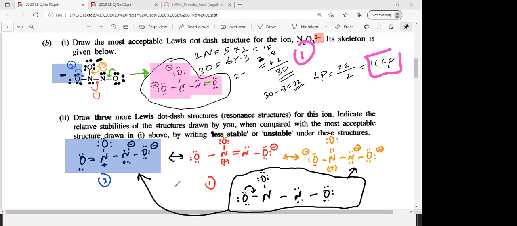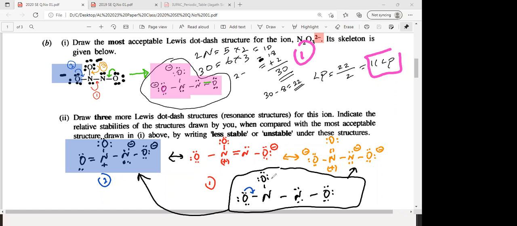Then you get this. Or else you can shift the lone pair to make it octet. You shift from this side to make this, because the other's octet is reached, no? Then the orange one, I can shift the lone pair either this, or you can shift from this side. That's a double bond.